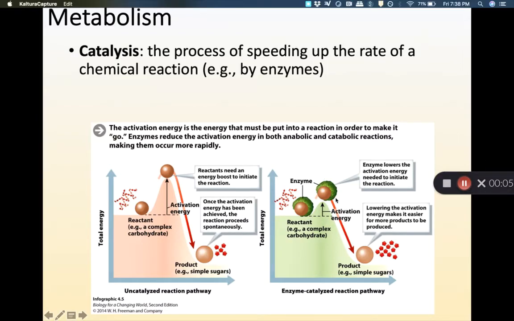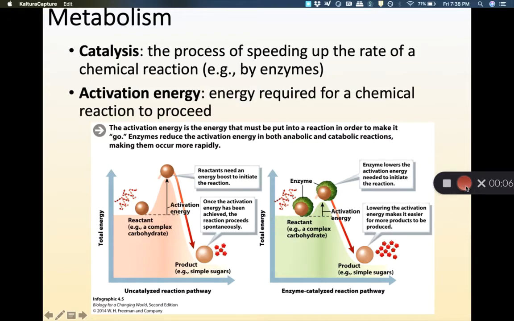So again, this is where an enzyme is assisting in a chemical reaction, which is shown here in the second graph. And what an enzyme does is it's lowering the activation energy. And that's the energy that's required for a chemical reaction to proceed.